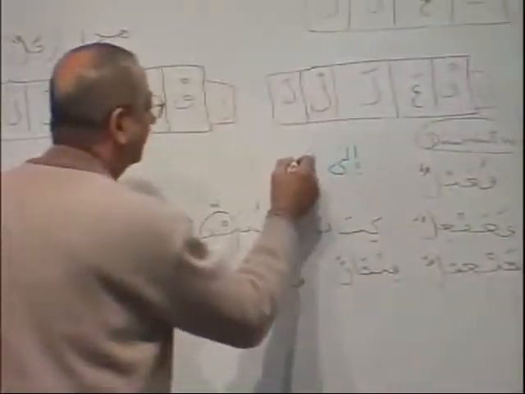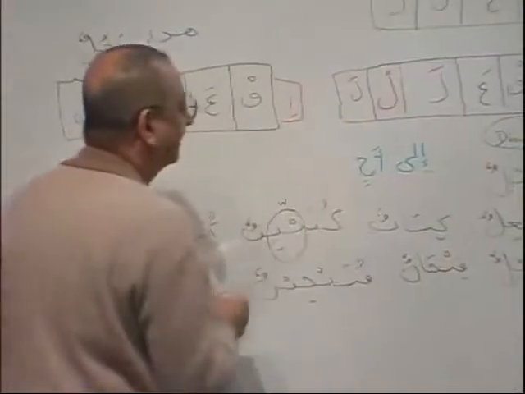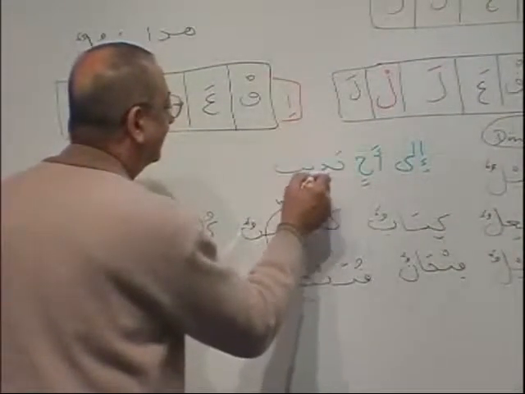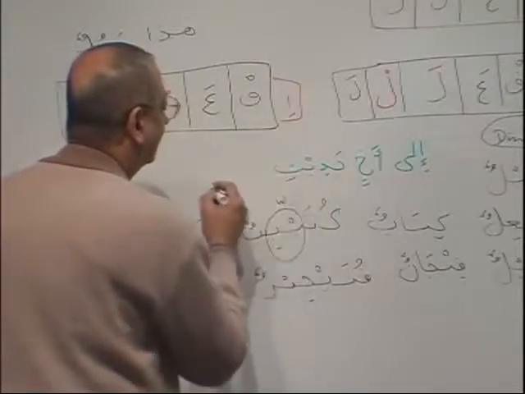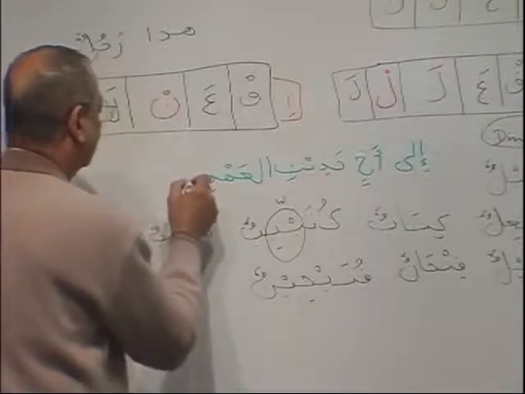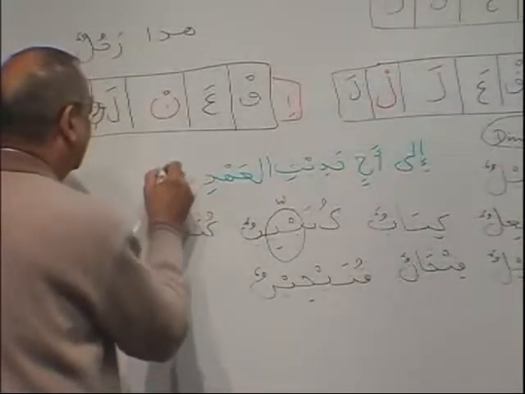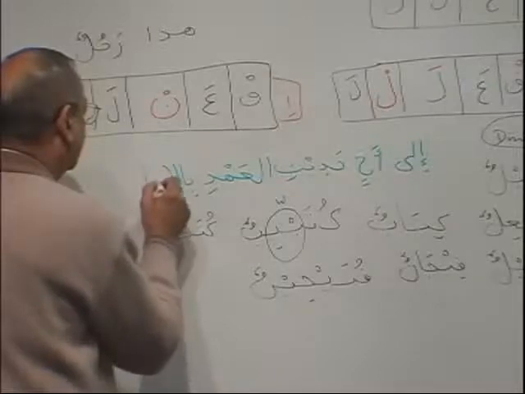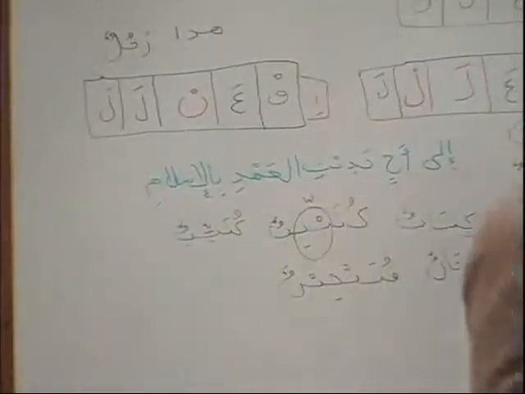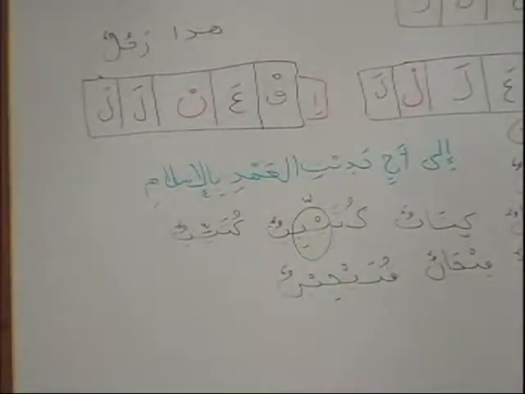Ila akhin. Then what will you say? Are you with me, brothers and sisters? I'm trying to make you penetrate into this sentence. Go deeper into this sentence. Ila akhin.